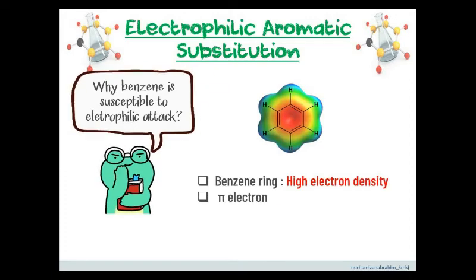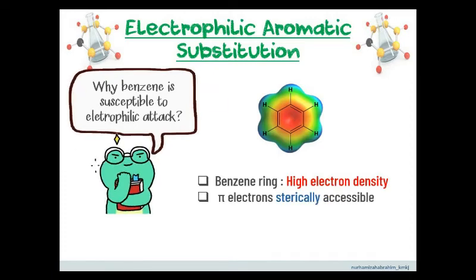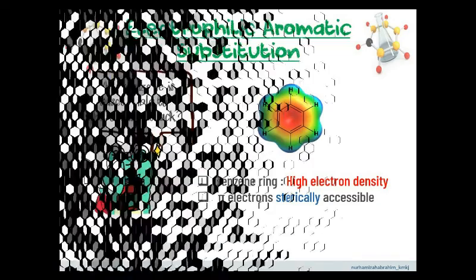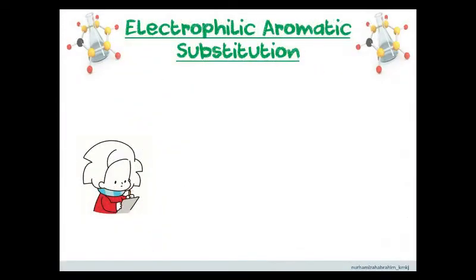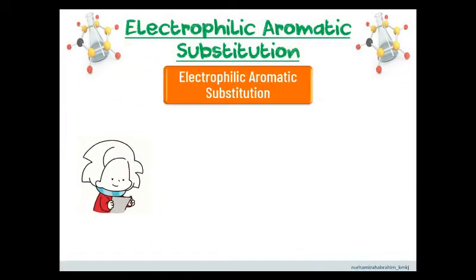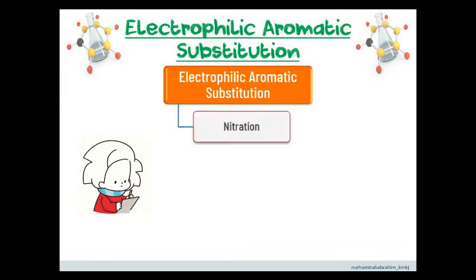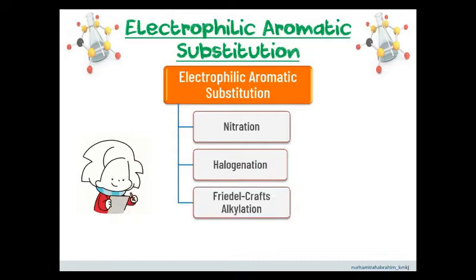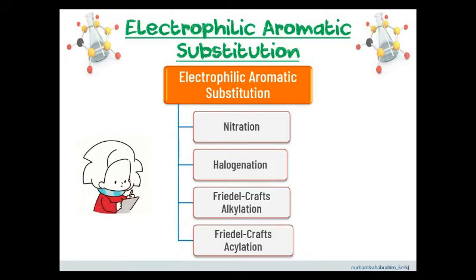Therefore, the pi electrons are sterically accessible to attack. There are 4 reactions associated with electrophilic aromatic substitution of benzene: nitration, halogenation, Friedel-Crafts alkylation, and Friedel-Crafts acylation.